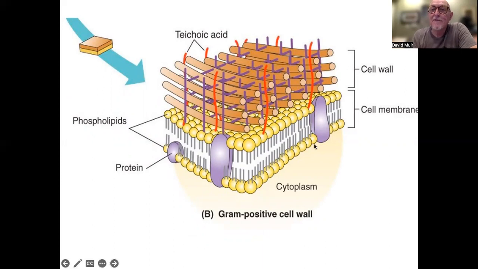In a gram-positive bacterium, the staining reacts differently because of this thick layer of peptidoglycan. This peptidoglycan layer results ultimately in the cell staining deep blue-black with the gram stain.